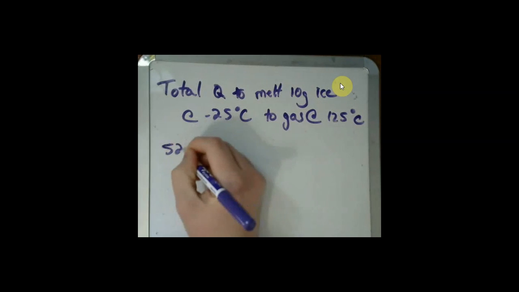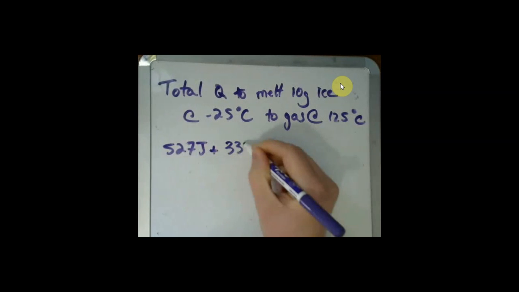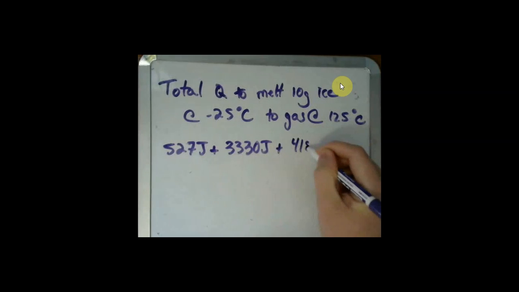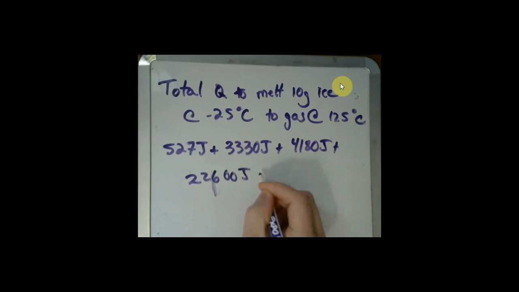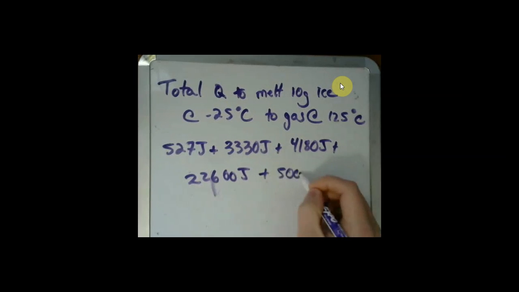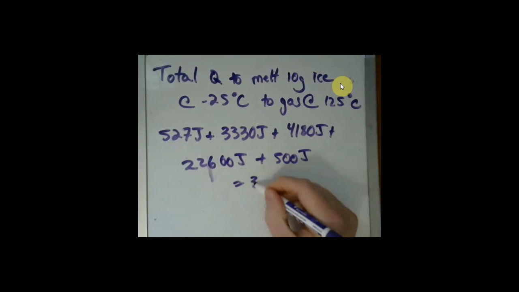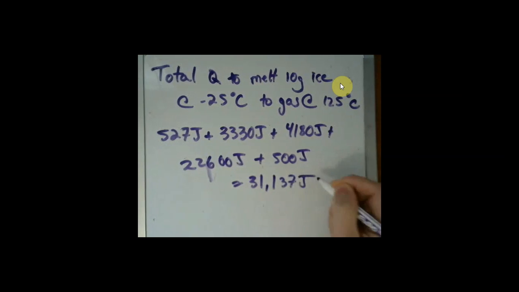So it would be 527 joules plus 3,330 joules, 4,180 joules, 22,600 joules, 500 joules, and we would see that that all equals 31,137 joules.